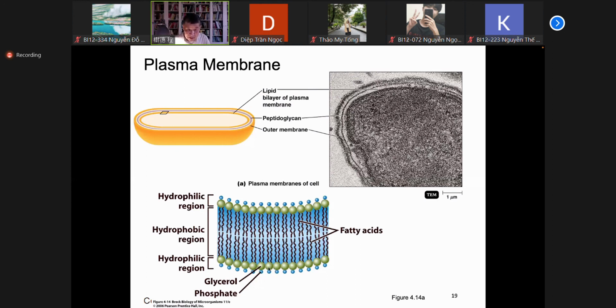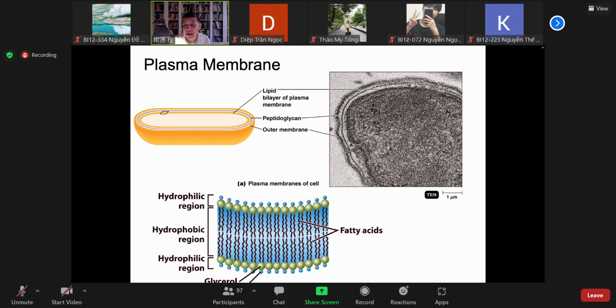And this is called the phospholipid. Phospholipid means that it has a phosphate on the glycerol, and then two fatty acids, which also link to the glycerol. So glycerol is the hinge. Glycerol has three hydroxyl groups. One OH is linked to phosphate, and the other two are linked to fatty acids.